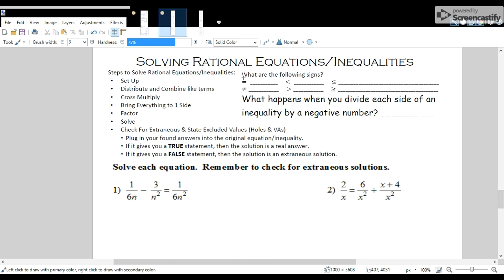So each of these sides, this is the equal side, this is not equal, this was less than, this was less than or equal to, this was greater than, and then the last one is greater than or equal to.